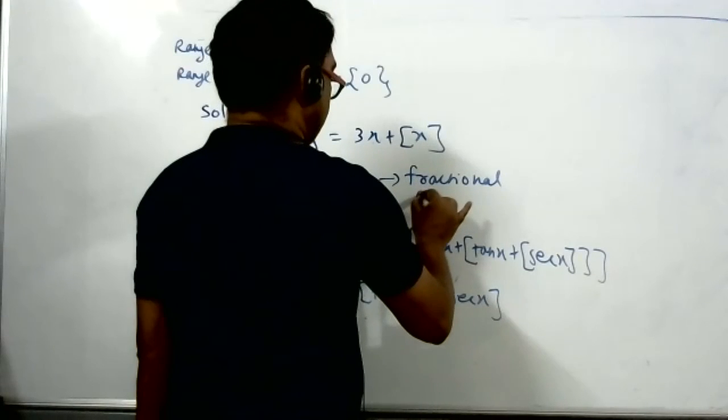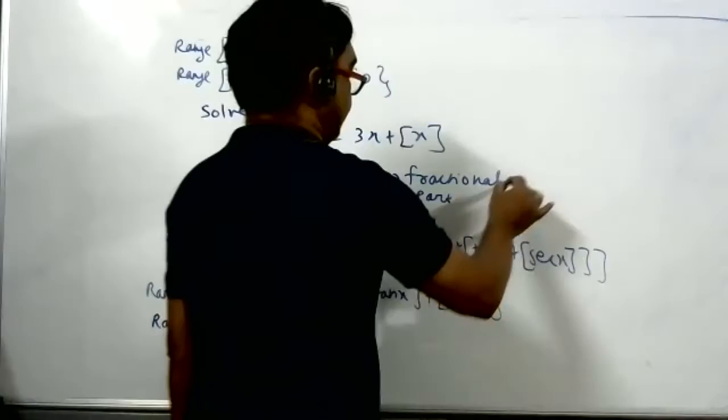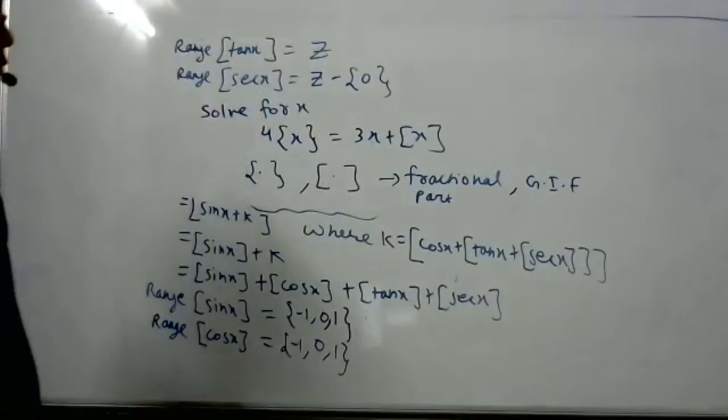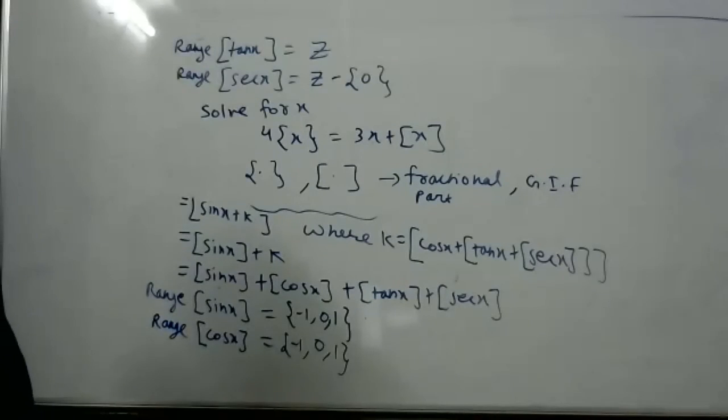We should not find the domain, because we have to find x. It is an equation. Tell me, Bhushan, what is your doubt? Yes, sir, it's an equation only. No domain, no range. Solve for x.